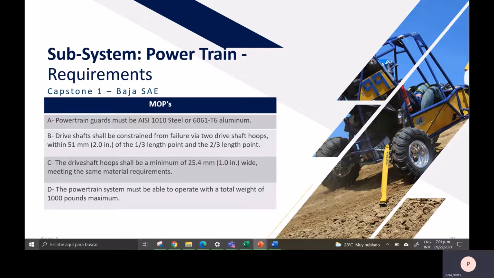The drive shaft hubs shall be a minimum of 25.4 mm or 1 inch wide, meeting the same material requirement. The powertrain system must be able to be operated with a total weight of 1,000 pounds maximum.